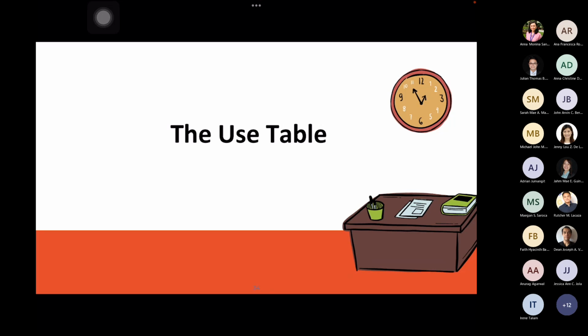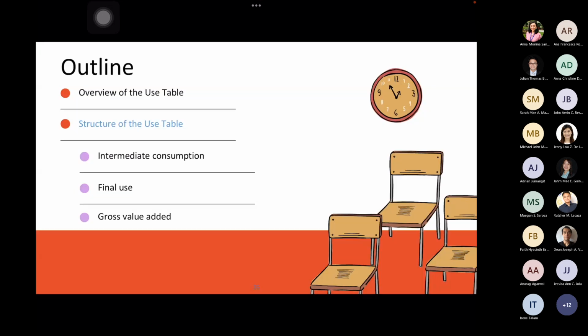Now let's go through the use table. To start, we will have an overview of the use table followed by a discussion of its components. Here we have intermediate consumption, which are the inputs of goods and services that producers of an economy need to produce their output.